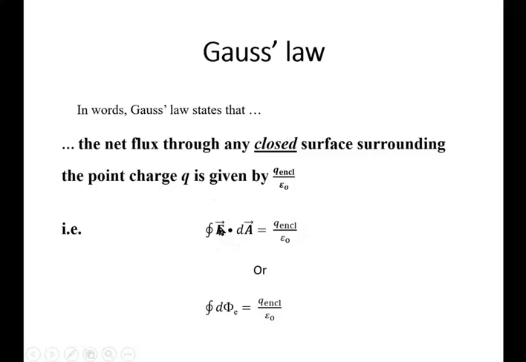So it's simply the sum of all the small fluxes until you've done so for all the surfaces, and it will be equal to the charge itself divided by the permittivity of free space. Now, remember that if we multiply the electric field by the area, we get flux.